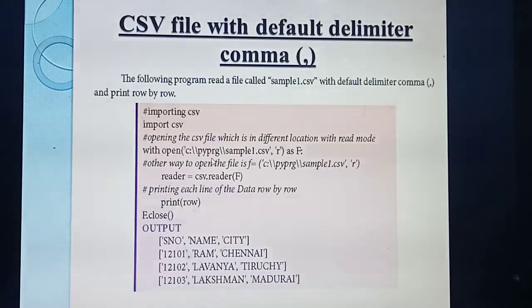By default it will store inside the folder that is inside Python, and that Python is located inside the C drive. So from C drive, inside pyprg, the file name is sample1.csv. Listen carefully: C drive, inside the folder pyprg, inside the file name sample1.csv.